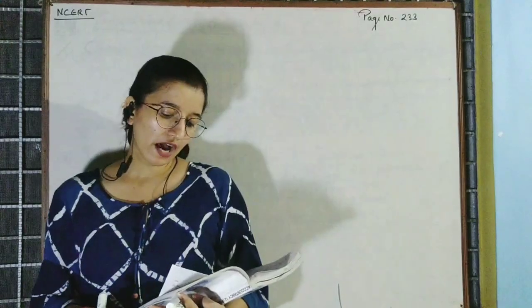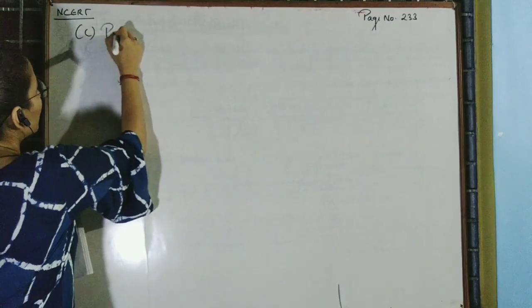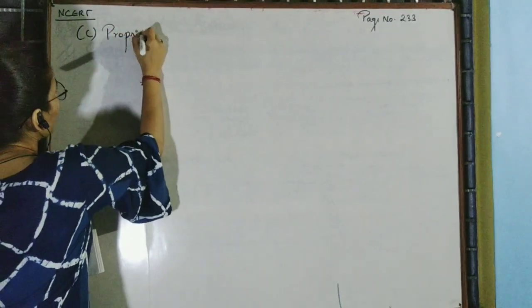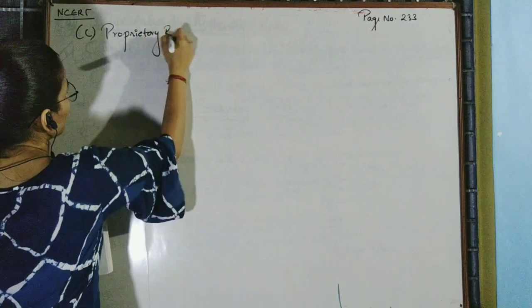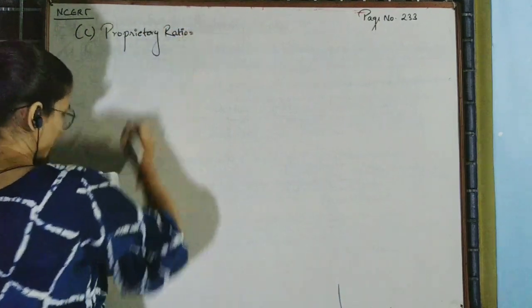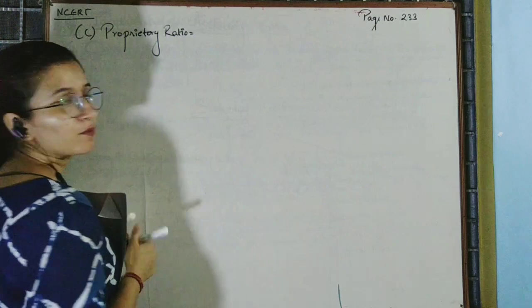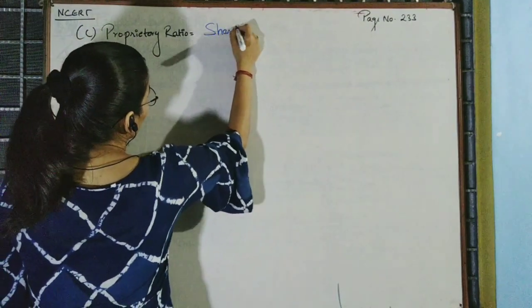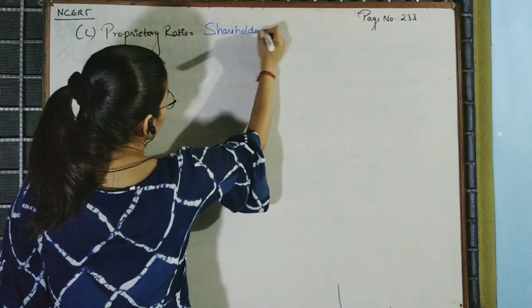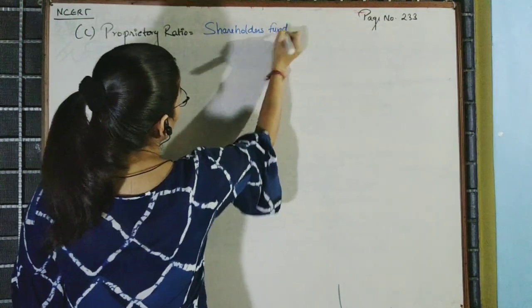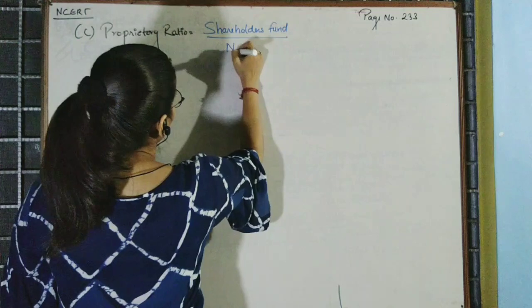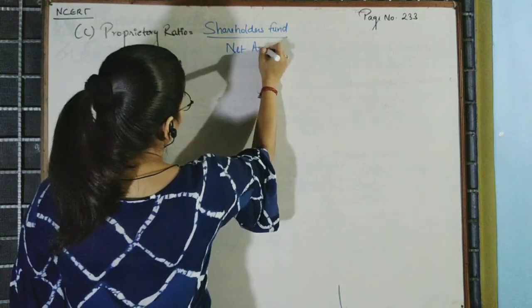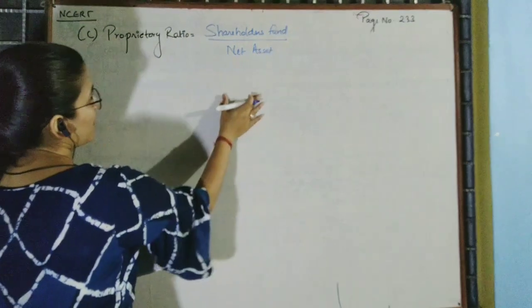Now third, we have to calculate proprietary ratio. The formula for calculating proprietary ratio is shareholders fund divided by net asset, or we can say total asset.